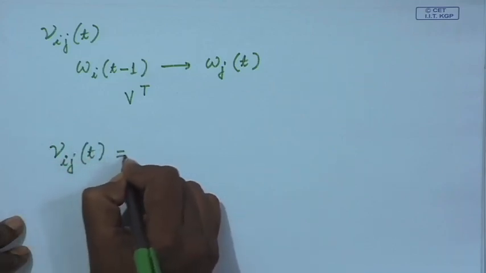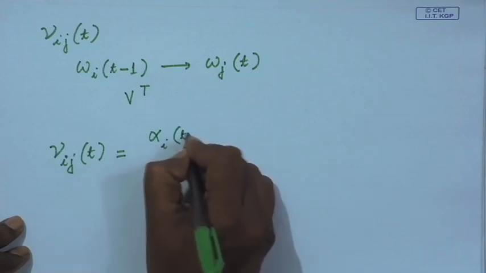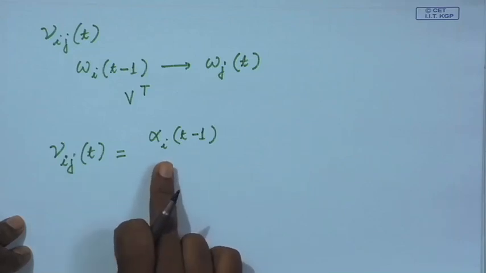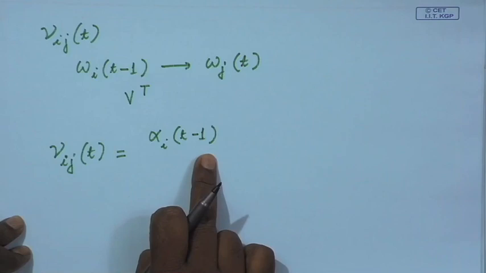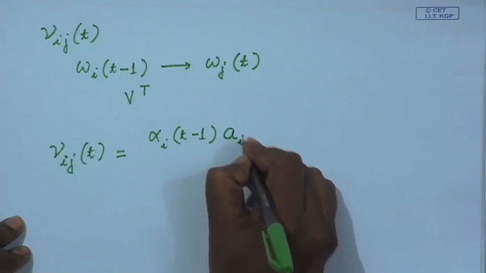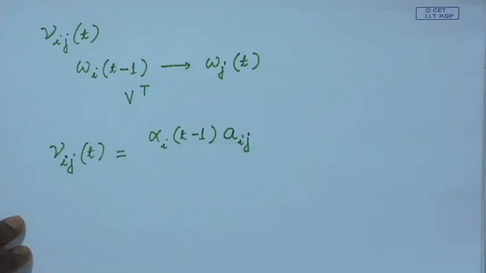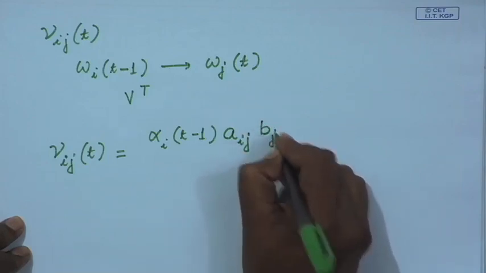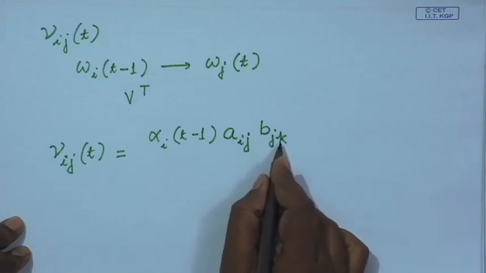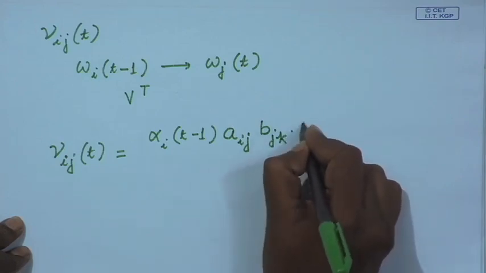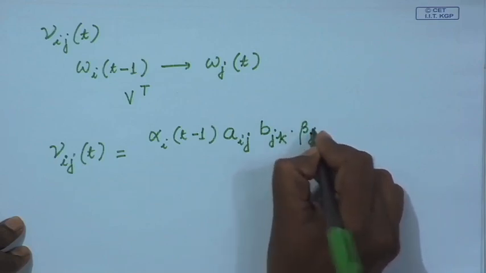This will be simply alpha i t minus 1, that is the probability that the machine will be in state omega i at time step t minus 1. It will make a transition to state omega j, so I have this transition probability a i j. It will emit a symbol v t, so that will be b j k, which will be effective only for the kth symbol emitted at time step t, which is equal to v k, times beta j t.